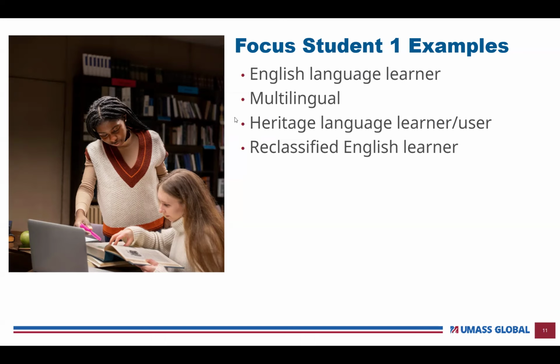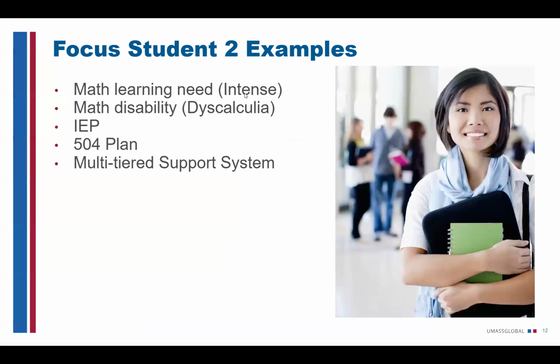For example, in Hawaii, they speak something called pidgin language, so it might be something like that. Reclassified English learner. Multilingual learner is someone who speaks multiple languages in the home. So these are things to think about when selecting your student.